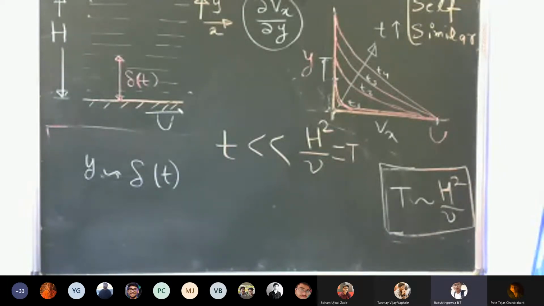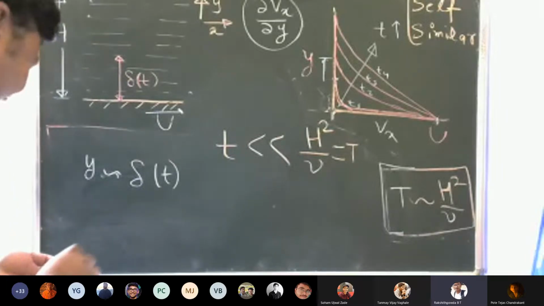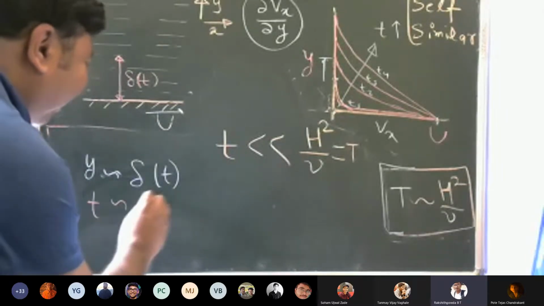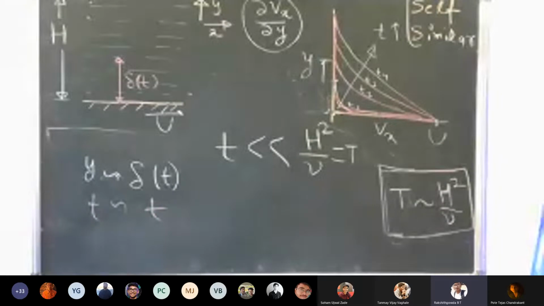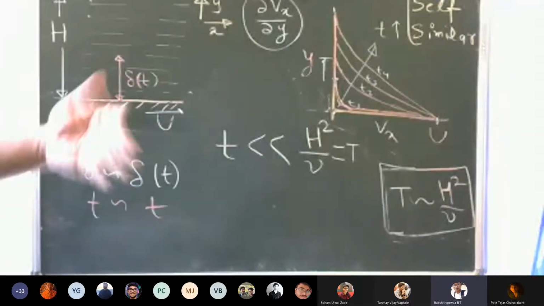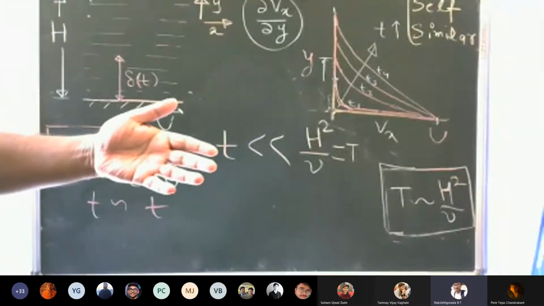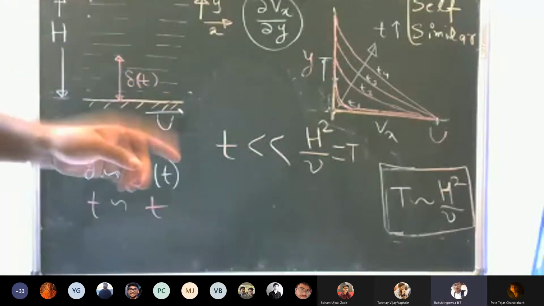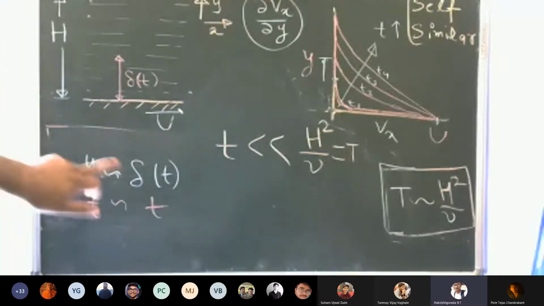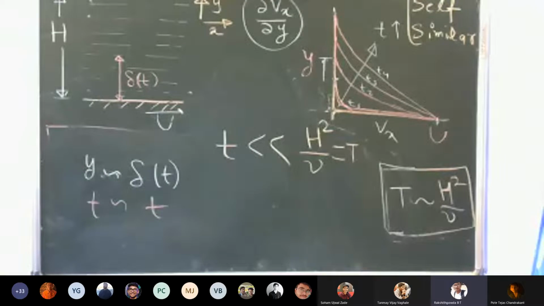Delta square by nu. Rather than that, see, delta is good, but the problem is delta is growing with time. So this typical value of t is nothing but the real time, isn't it? Yes, sir. Because you are saying delta will go with the real time, so the characteristic time scale will be the time at that moment itself, because delta itself is a function of time.